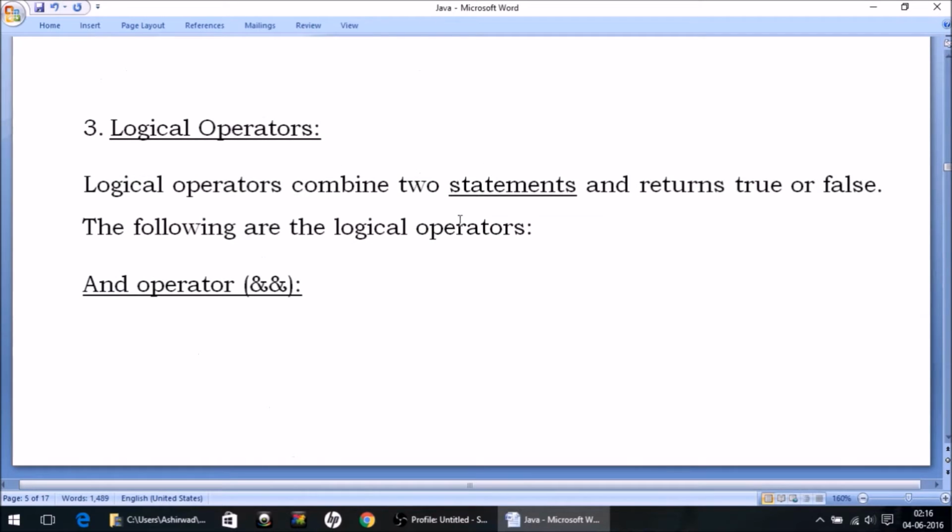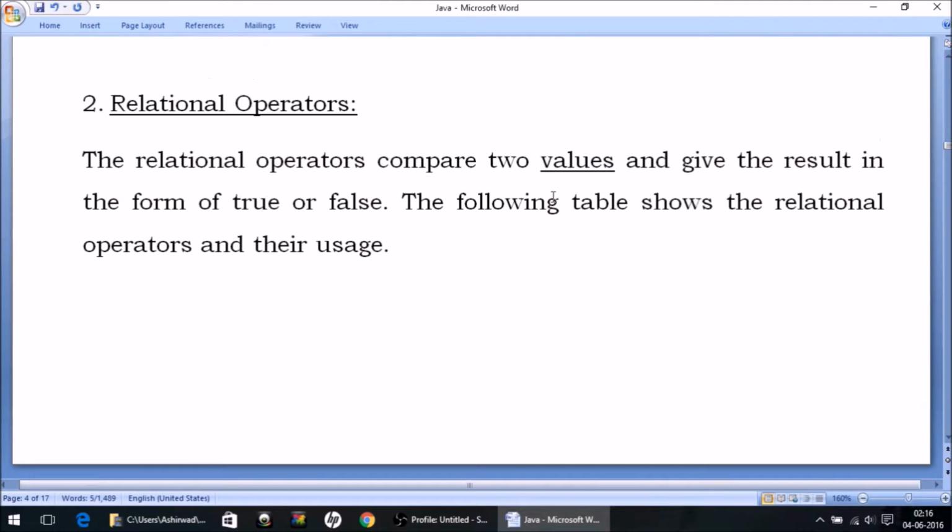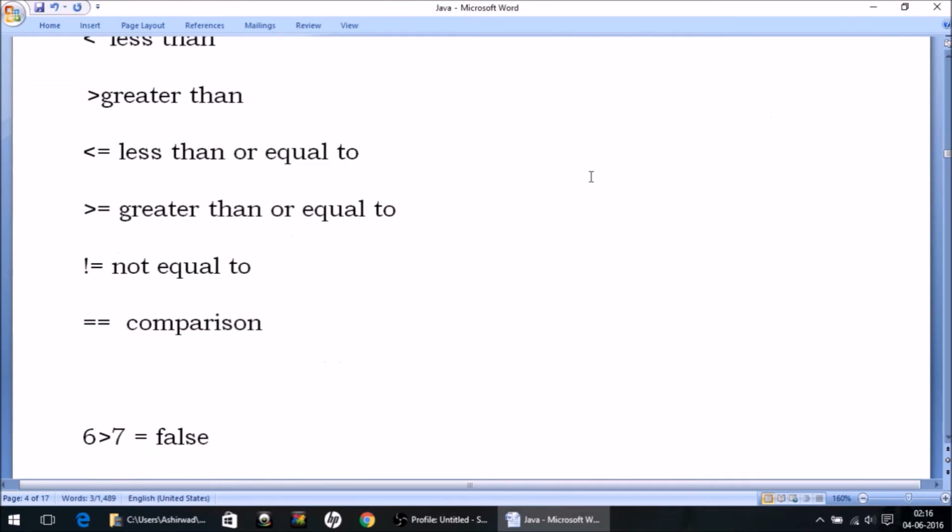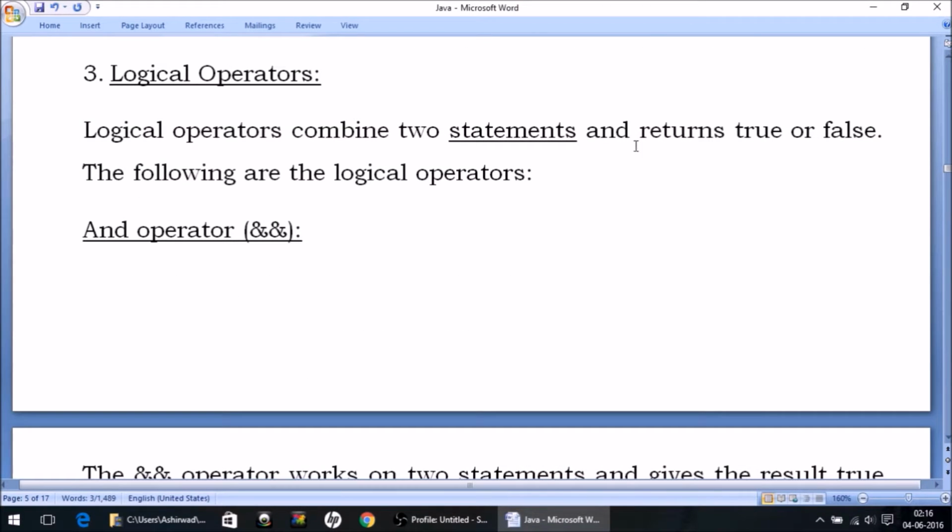Logical operators combine 2 statements. Earlier, what we saw with relational operators, they combine or compare 2 values, and here they combine or compare 2 statements. So you have to understand the difference between statements and values. And they too return the result in the form of true or false.